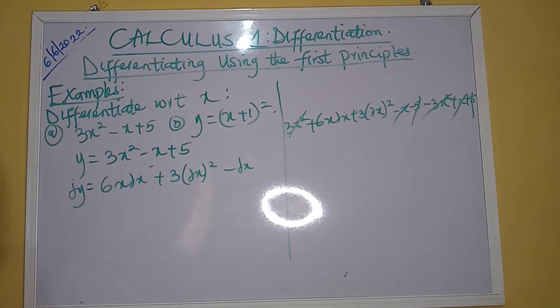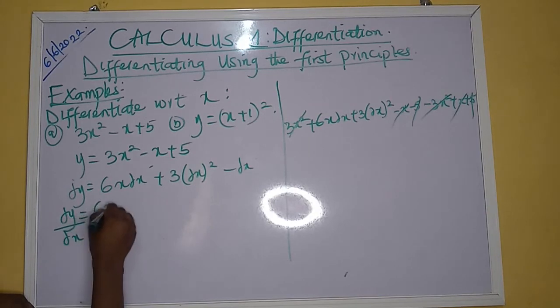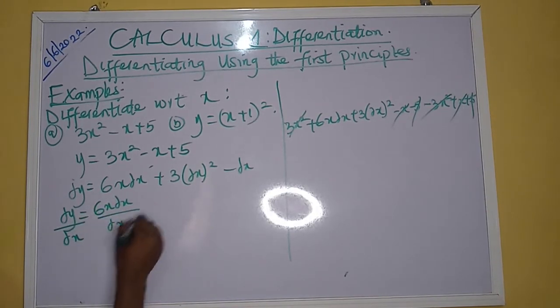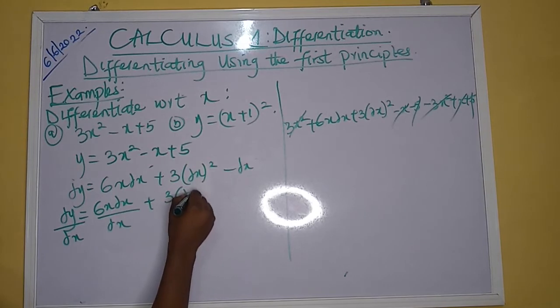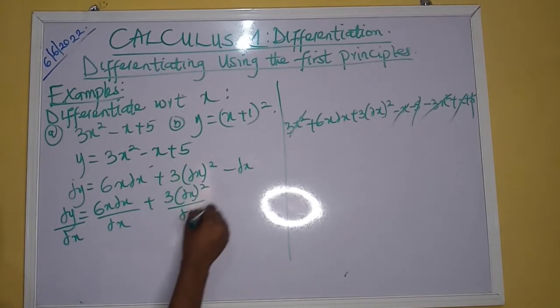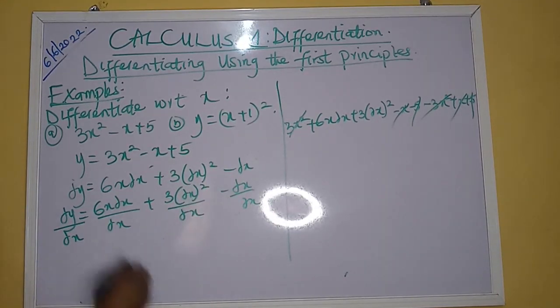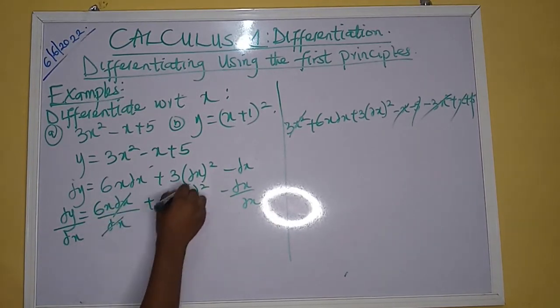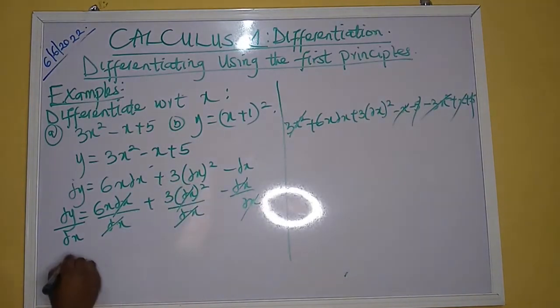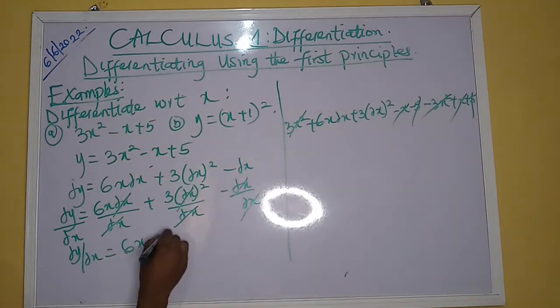So the next thing we have to do is divide both sides by dx. And that's how we have dy over dx should give us 6x dx over dx plus 3 dx squared over dx minus dx over dx. We cancel them out again. This cancels this, one of these cancels, and therefore dy over dx becomes 6x plus 3 dx minus 1.